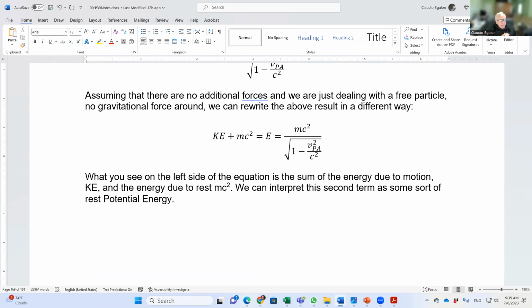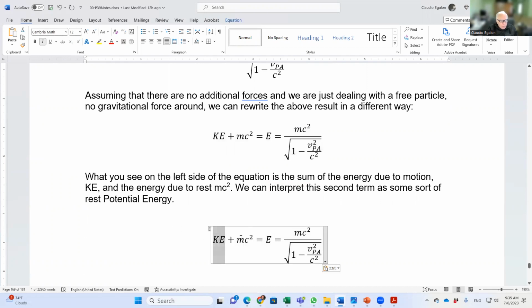That would be a nice interpretation. So it would be the potential energy due to the atoms of the mass that are connecting each other. And here, Einstein's famous equation. Energy of rest, denoted by E naught.